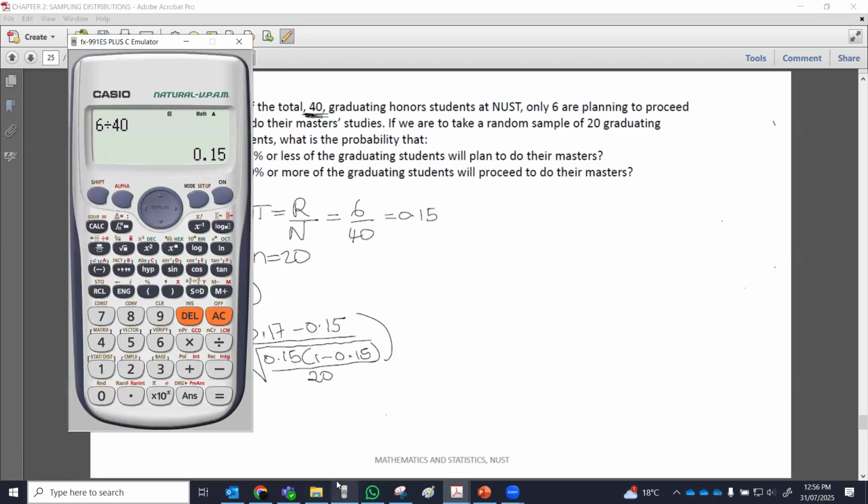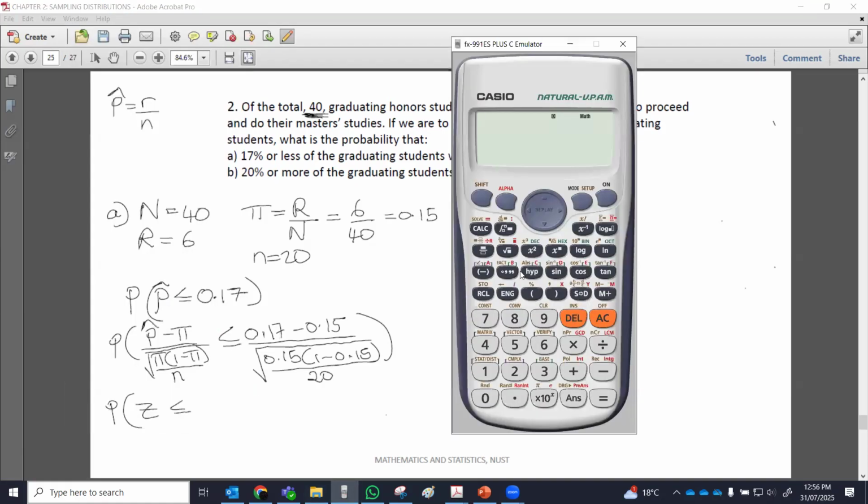This one here we need to get from our calculator. So we have a big fraction here. 0.17 minus 0.15. This is divided by the big square root. 0.15 multiplied by 1 minus 0.15. Then this is divided by our sample size, which is 20.